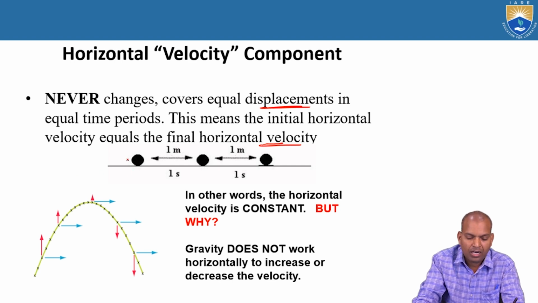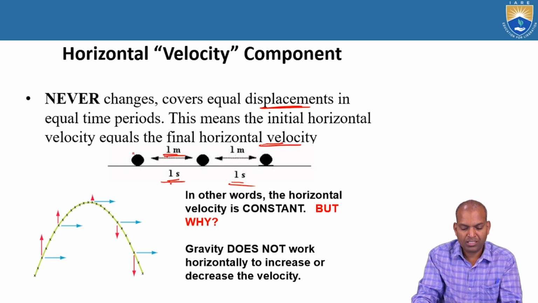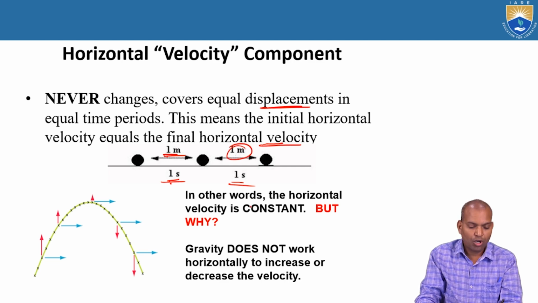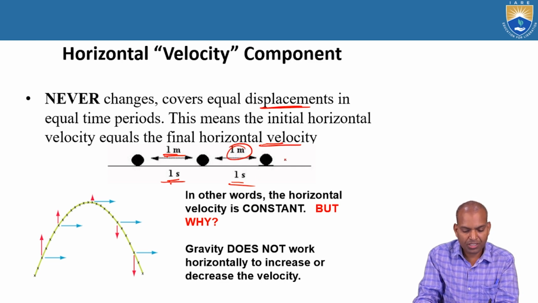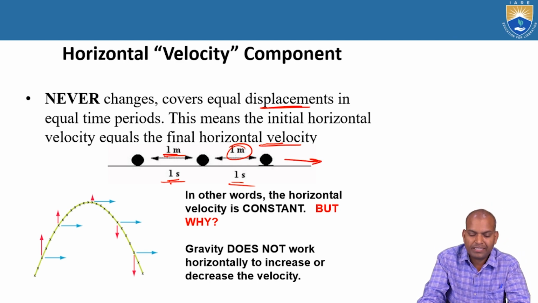For equal time periods, for 1 second, the displacement is 1 meter. Again, the same object is moving for the next 1 second, 1 meter. So what about the direction? The direction remains the same from initial to final. That means the direction of the horizontal velocity component never changes.